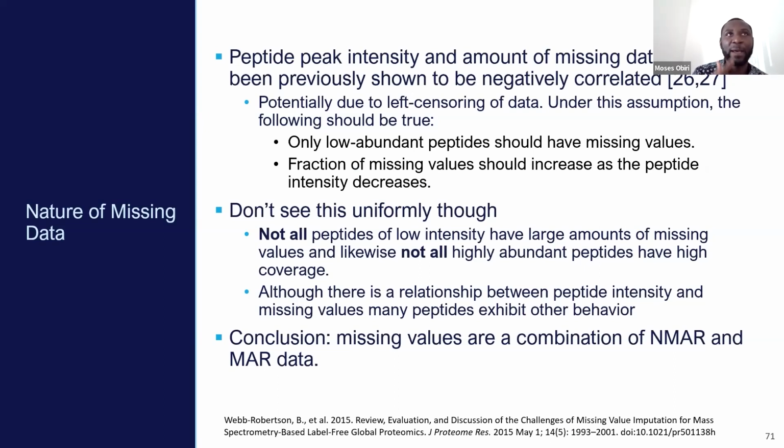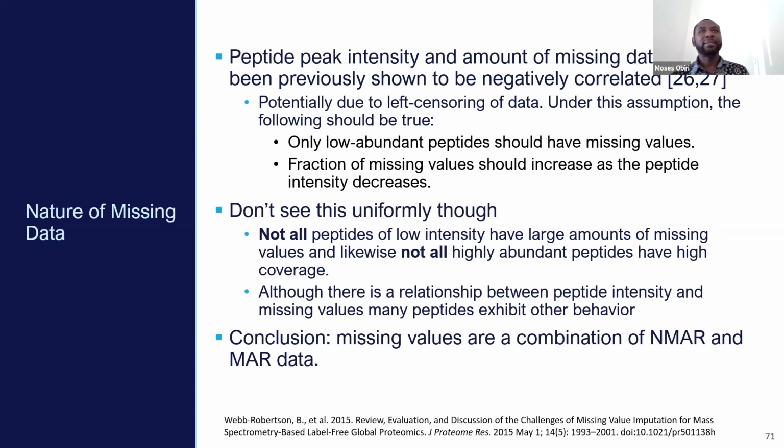Like I said, numerous studies have studied the relationship between peak intensity and the amount of missing data, and they've shown that there is a negative relationship between peak intensity and the amount of missing values in the data set.